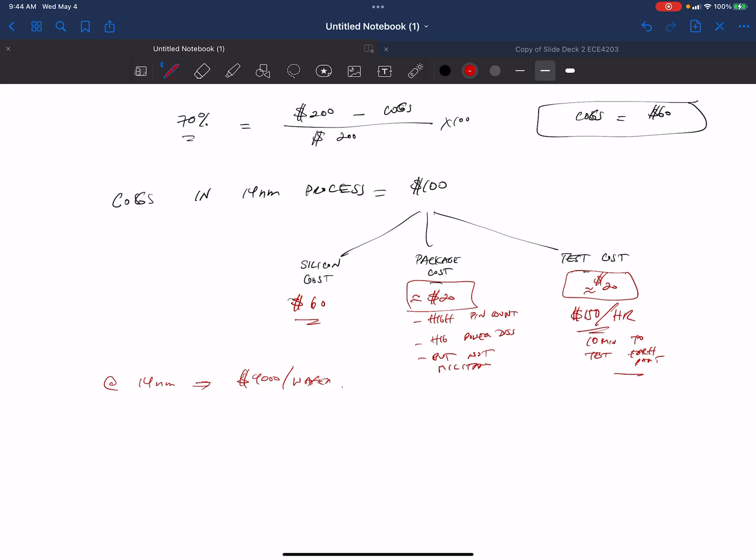That means the number of good die per wafer is probably $4,000 per wafer divided by $60.